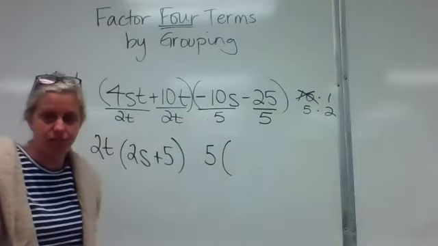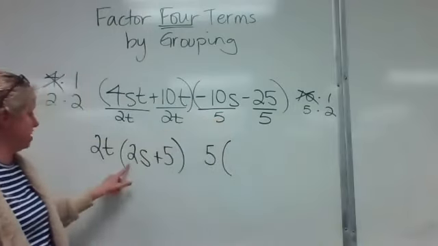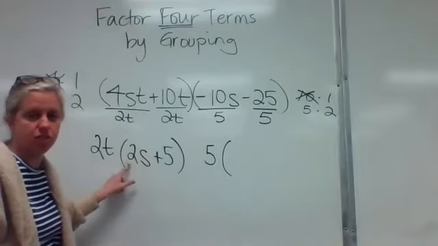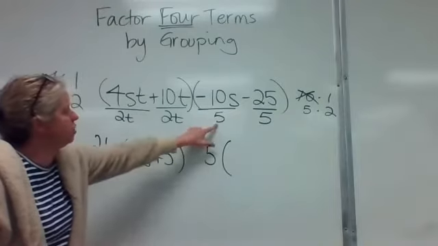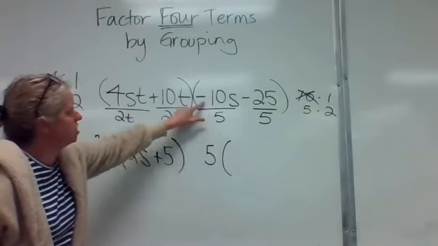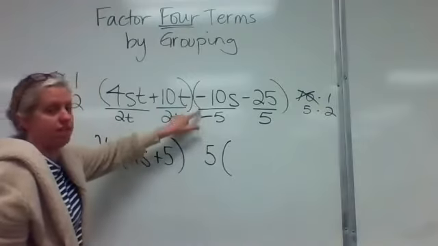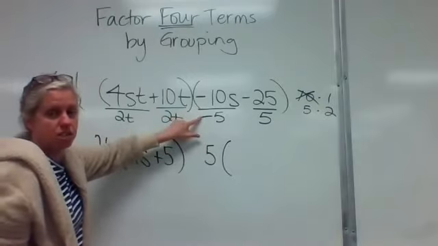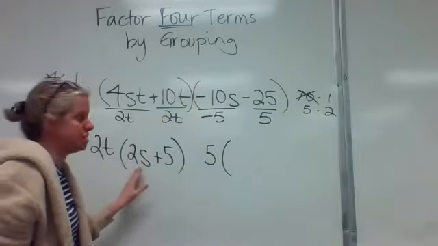It's negative 2s. What do I want it to be though? Positive 2s. So what does that mean I need to pull out along with this 5? What's going to turn this into a positive 2? If I divide it by negative 5, right? That's what's going to turn it into a positive 2s so that it'll be the same as this one.